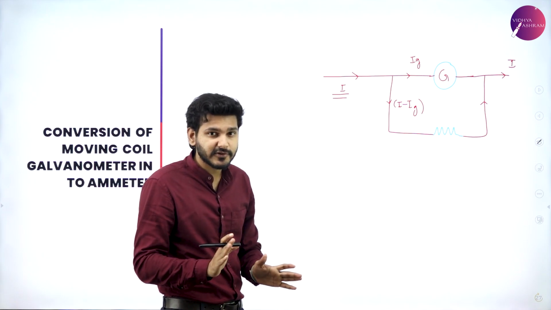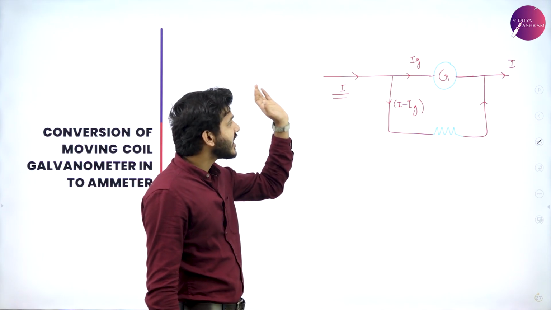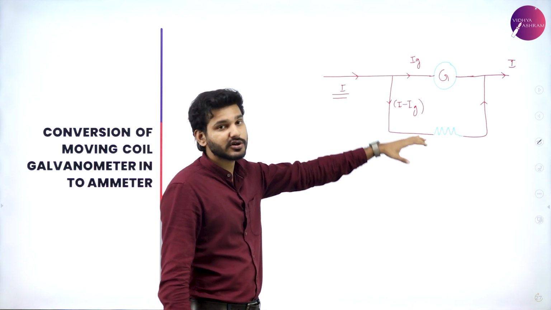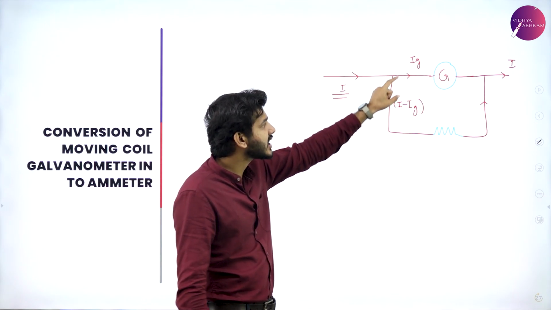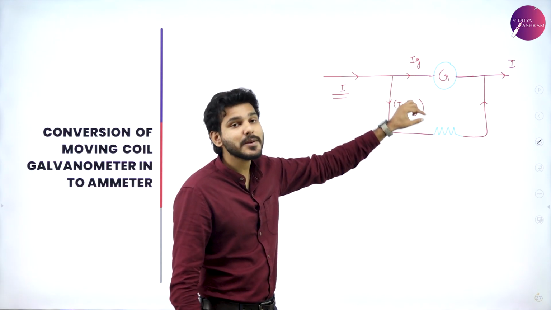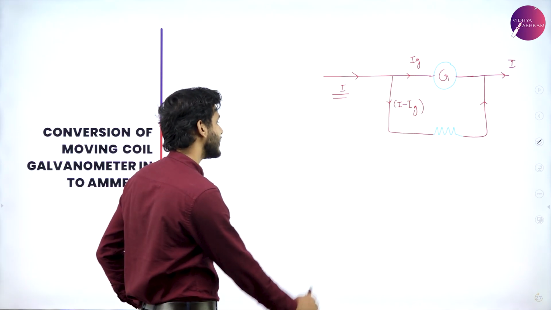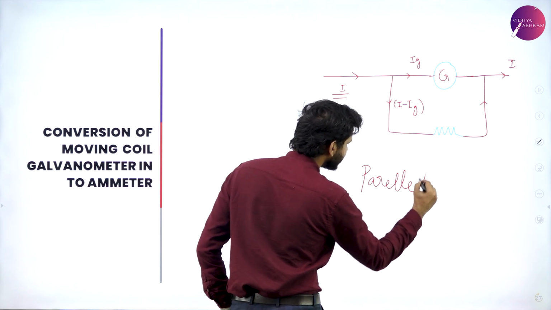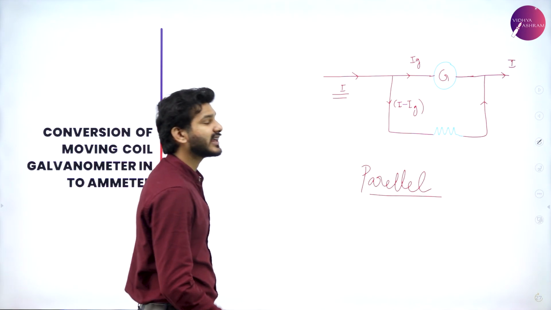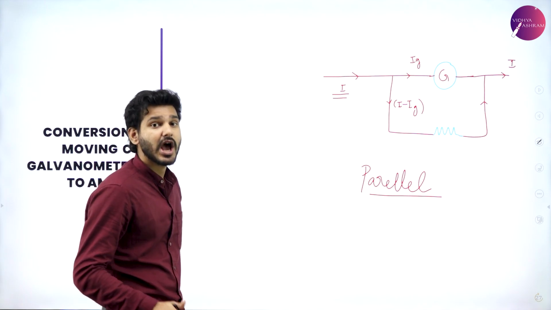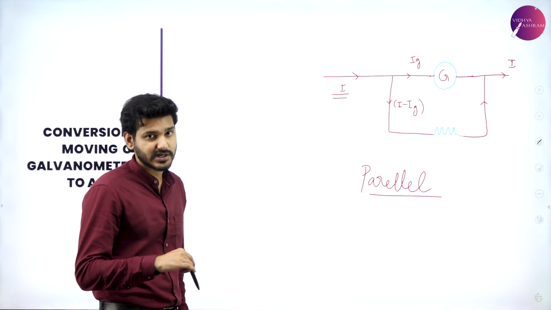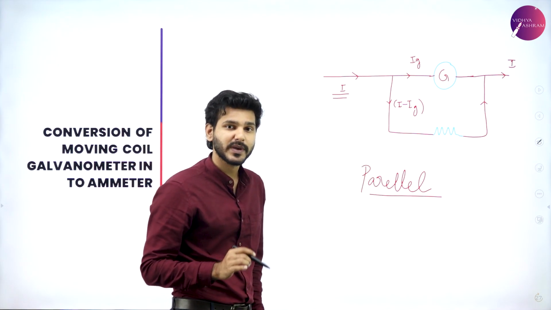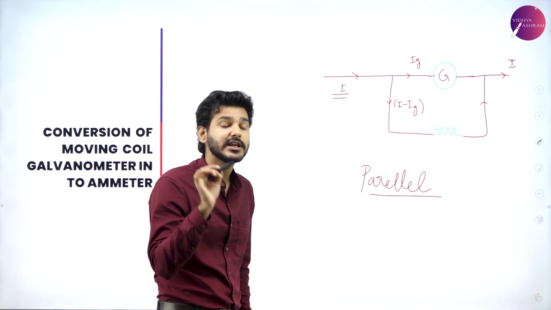If that is all confusing, just know this. If there is a galvanometer and we want to convert it into an ammeter, simply connect a resistance in parallel. Always make sure in parallel. A resistance in parallel to the galvanometer will make it into an ammeter. One more condition is that the resistance should be a very low one.